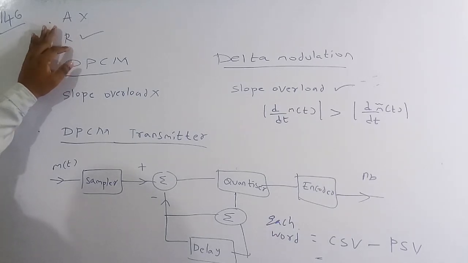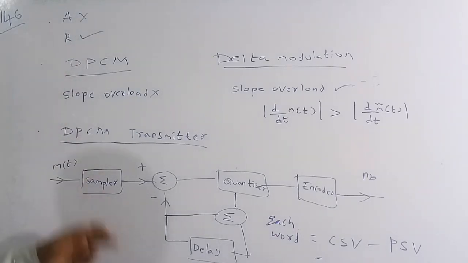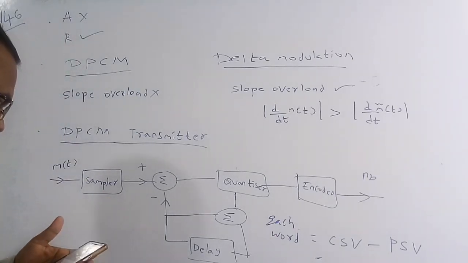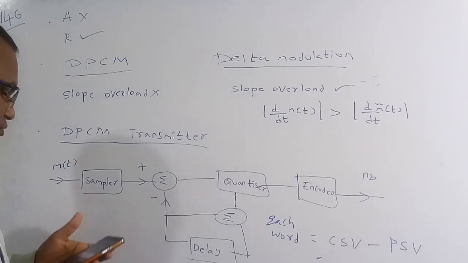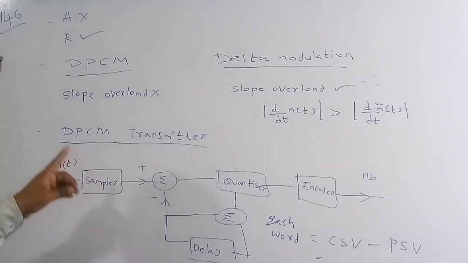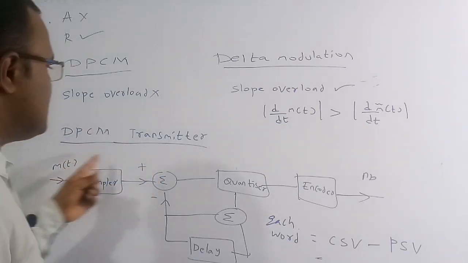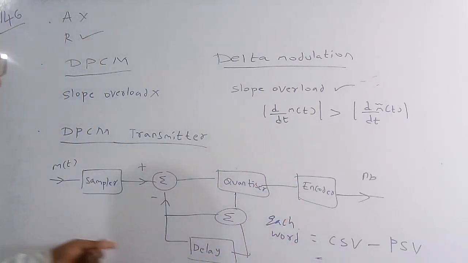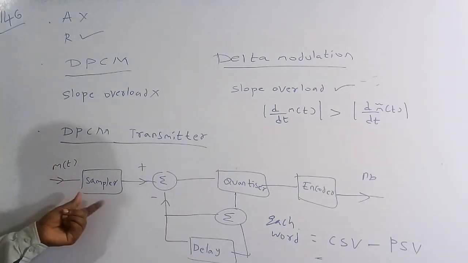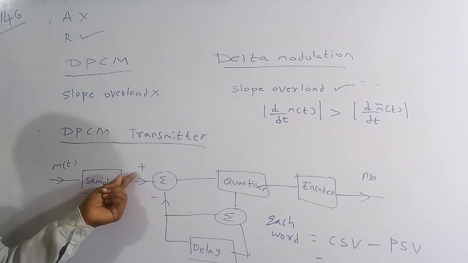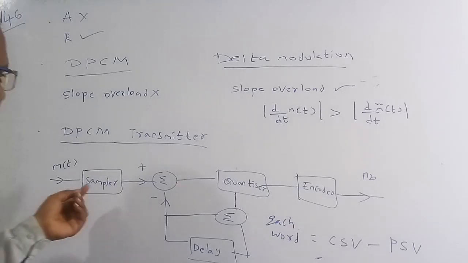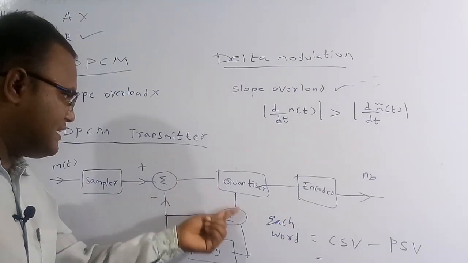Now we will see why the reason is correct here. In the reason they have said that differential pulse code modulation makes use of adjacent sample correlations. See, this is the differential pulse code modulation transmitter. This is a message signal. With the help of the sampler it gives digital signals, and then there is a circuit in this fashion.